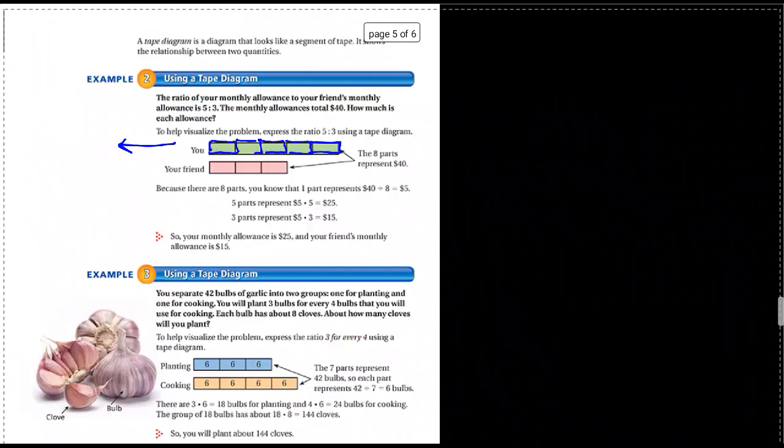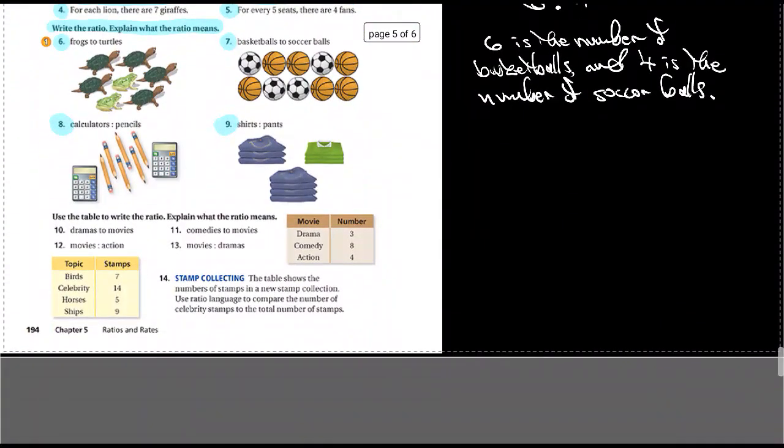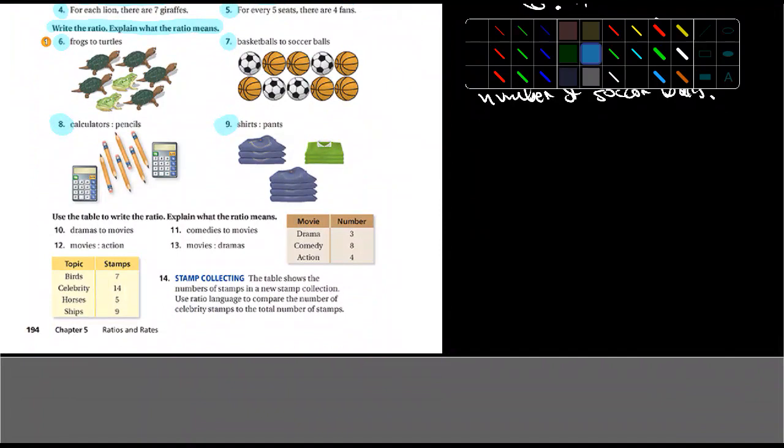And let's move down to the bottom. I want you guys to use the table to write the ratios. So they're talking about this table right here. Drama to movies, comedies to movies, movies to action, and movies to dramas. So you would just write the ratios. And then finally, number 14, it says the table shows the number of stamps in a stamp collection.